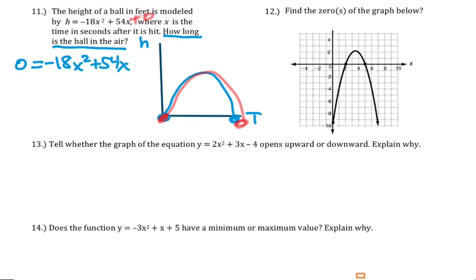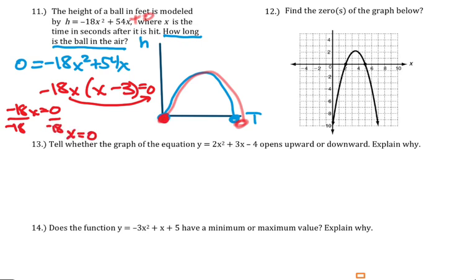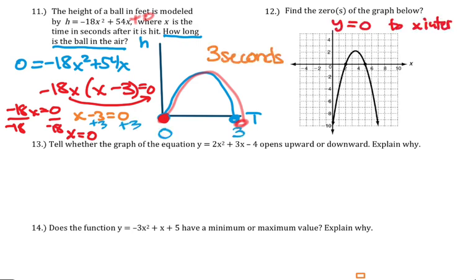And we go ahead and factor out a GCF. And I factor, so negative 18x equals 0 will just be 0. And then I factor out x minus 3 equals 0. And I solve for that and I get 3. So it's 3 seconds that this ball was in the air, right?